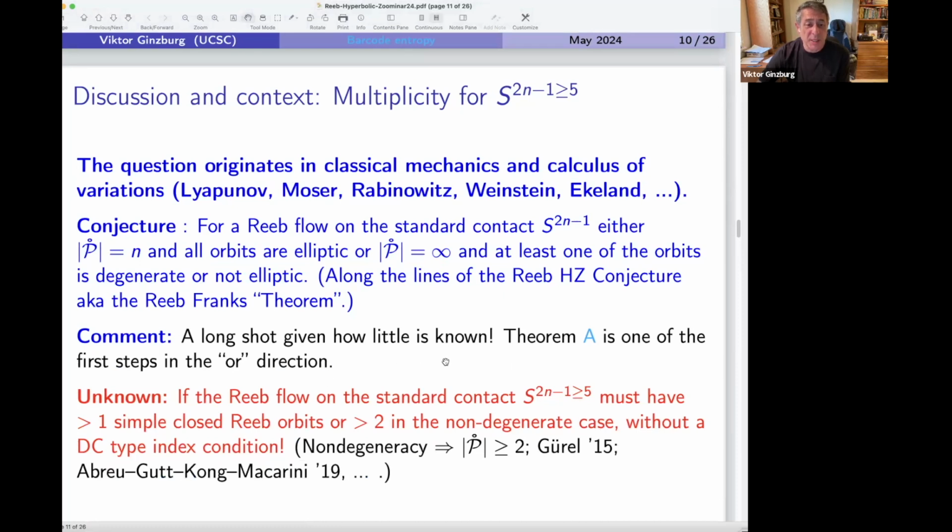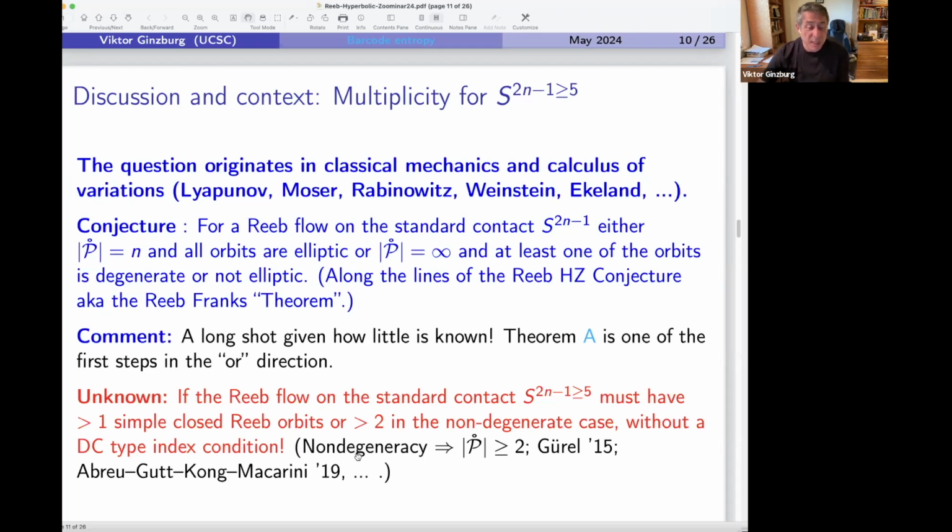If we take an arbitrary Reeb flow on the contact sphere, it's not known if it must have more than one simple closed orbit, or more than two in the non-degenerate case. So if we try to go a little bit beyond the Weinstein conjecture, we immediately get stuck without any extra assumptions.